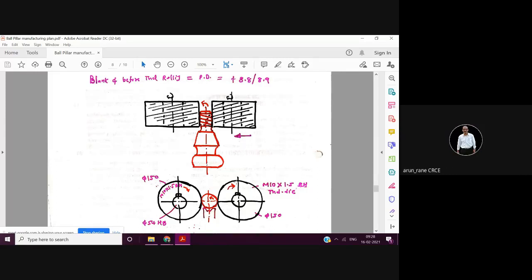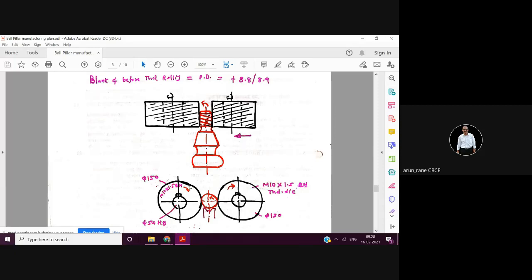Depth. Suppose if the depth is 1 to 1.5, then it can be completed in one rotation. And generally the depths are not more than 1.5 or 2 mm. If the depth is more, then you have to penetrate this die slowly. So it will take at the most three or four rotations.